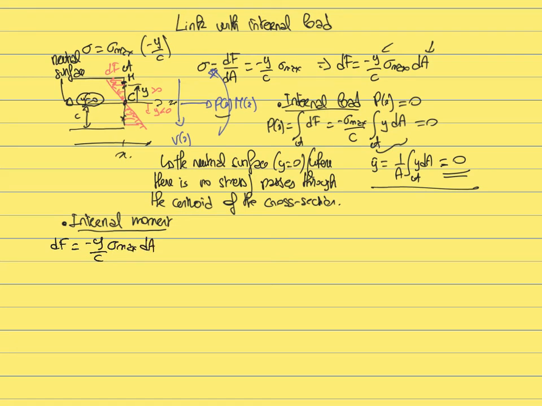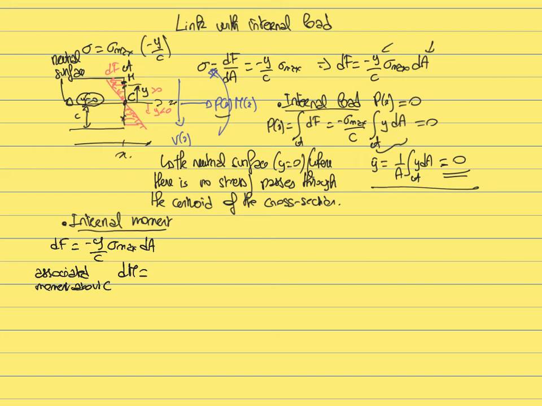And if I want to find the associated moment, the small moment of dF about the point C, this is going to give me a small moment. For each small force dF at a given point M, it's going to create a moment about C. And so the moment is going to be equal to the magnitude of the force times the arm of the force.